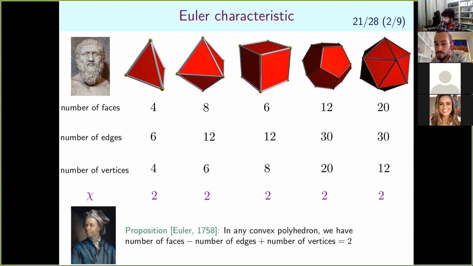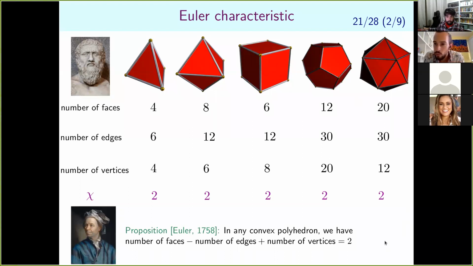If you take the number of faces, you subtract the number of edges, and you add the number of vertices, you obtain 2. Okay? This number, I call it chi. So this is true for any polyhedron, not only the regular ones that are shown here.